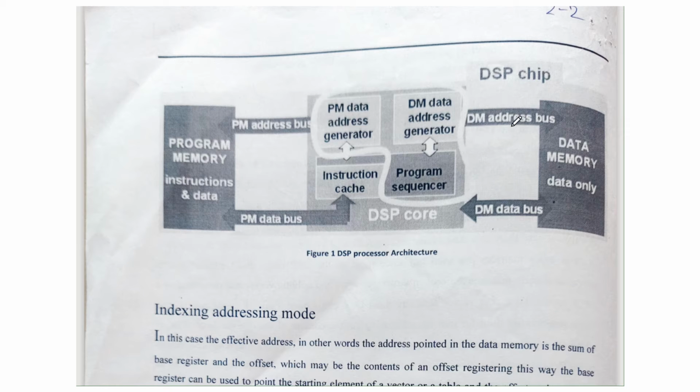Here the DM is the data memory address bus, data memory data bus. Okay, so these are the PM data address generator, DM data address generator, program sequencer, instruction cache. Cache means nothing but the RAM memory, random access memory. So these address generators and the program sequencer always need the addressing modes.